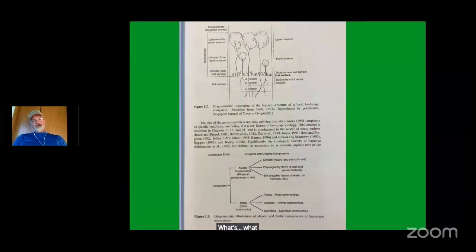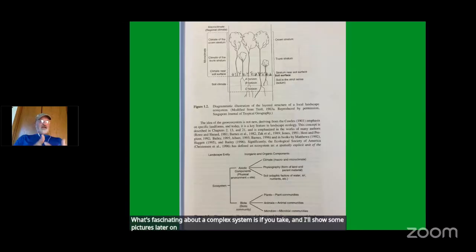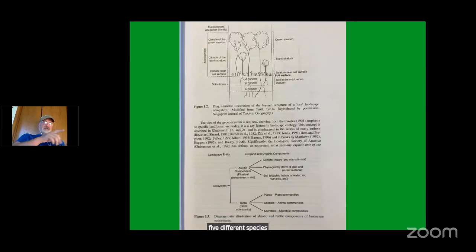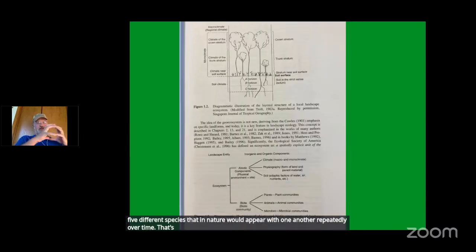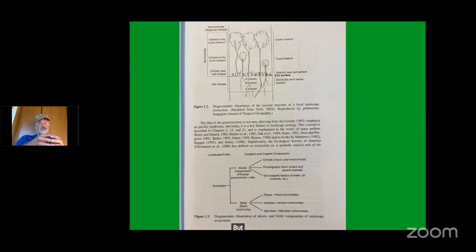And what's fascinating about a complex system is, and I'll show some pictures later on, if you take 5 different species that in nature would appear with one another repeatedly over time, that's a plant community where they all live together with one another. Permaculturists would call that a guild, but in ecological terms, that's a community.